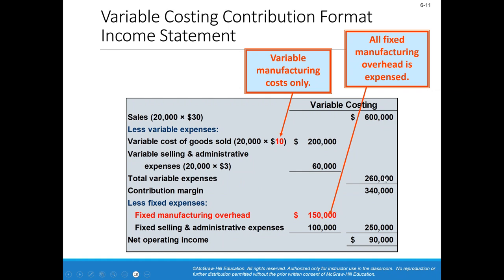So our total variable expenses are 260,000, which means our contribution margin is 340,000. We subtract our fixed costs, 150,000 for manufacturing overhead and 100,000 for SG&A, for a total of 250,000. And so our net operating income under the variable costing system is 90,000.